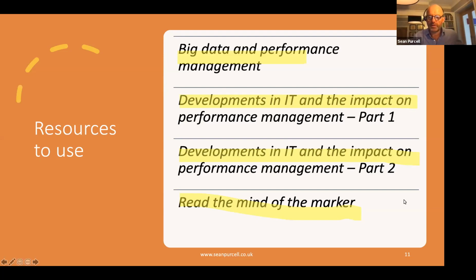What you have to appreciate is, why do you think the ACCA have these articles on their website? For a bit of fun? No, they have them there to help you pass the exam. I get a little frustrated with students who get upset that they don't pass the exam. And then I say, well, you read those articles, didn't you?